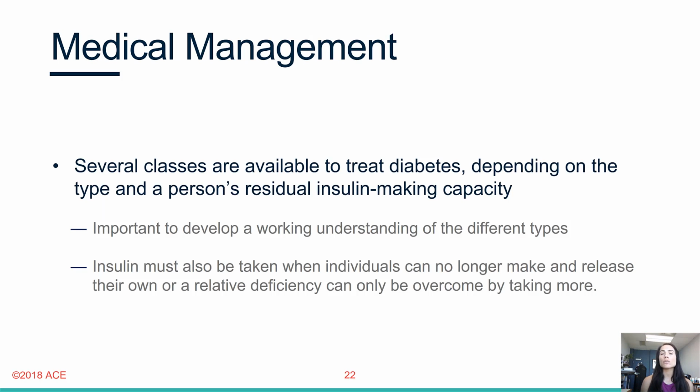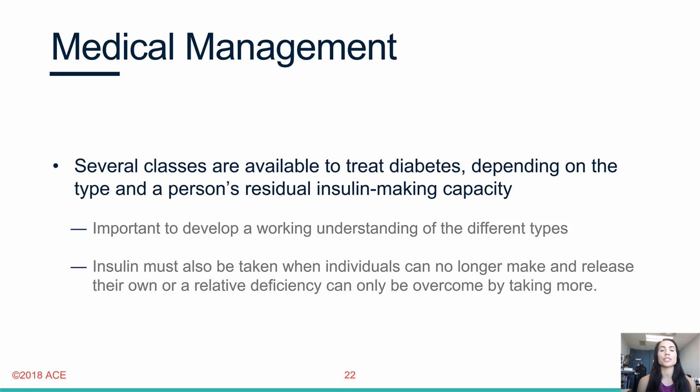There are several classes that someone with diabetes can take that can help them better understand how to manage their diabetes. It's important to develop a working understanding of the different types of classes, and insulin must also be taken when the individual can no longer make and release their own. The second that someone is diagnosed with diabetes, depending on whether or not they're insulin dependent, they should go and see a diabetes educator.